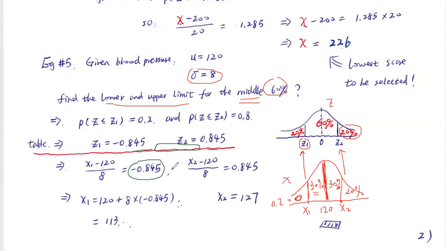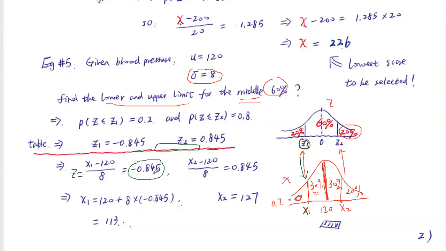Follow me? Okay, so now once we find out this Z here, then we do what? Going backward, trying to find out the corresponding X. And how do I find this X? Remember, we have the Z transformation formula: Z is equal to (X minus mu) divided by sigma.